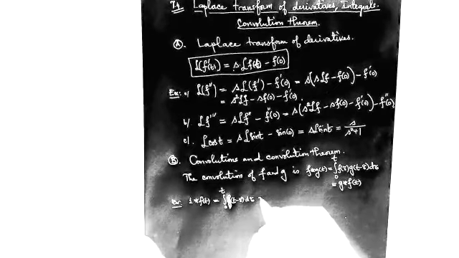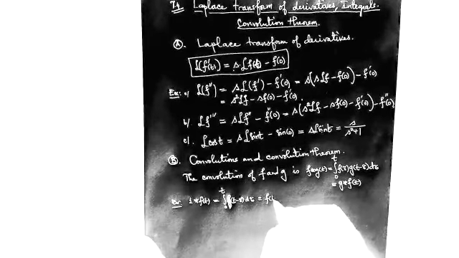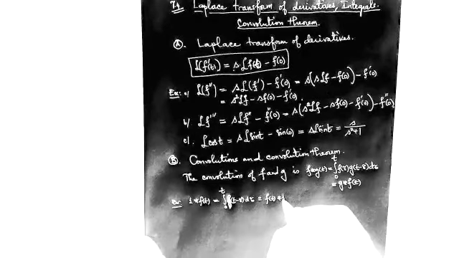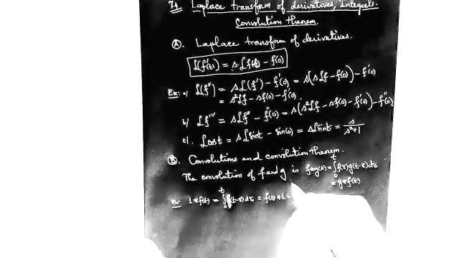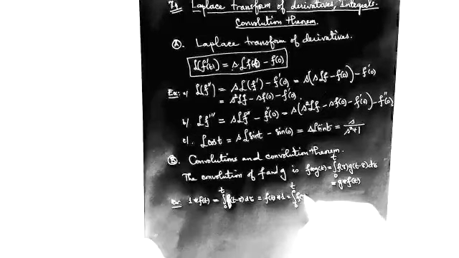And this is also equal to f of t star 1, which is the integral from 0 to t of f of tau d tau.